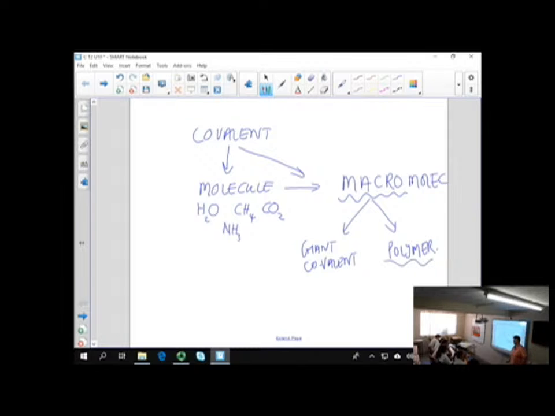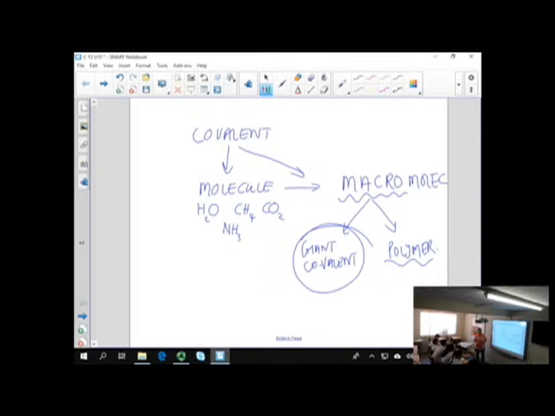Now, polymers, we won't do much with them at this point. When we do organic chemistry, we will have a look at the polymers. Maybe when we do a little bit on the chapter on materials, they will refer to the polymers. This Unit 10 has got to do with these giant covalent structures. The examples that we are going to have a look at are diamonds, graphite, and silicon dioxide.